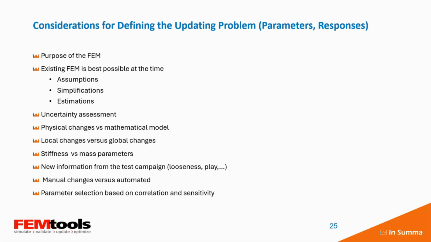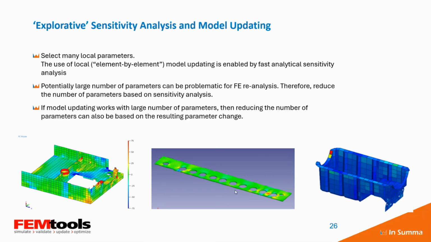Or even worse, you can have an RBE or MPC, which is a rigid connection where there is no physical property to update. So you will first have to manually replace that by a spring. So yeah, we certainly have a challenge here to make all these kinds of decisions.